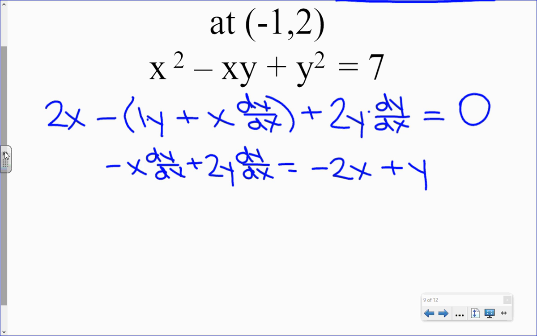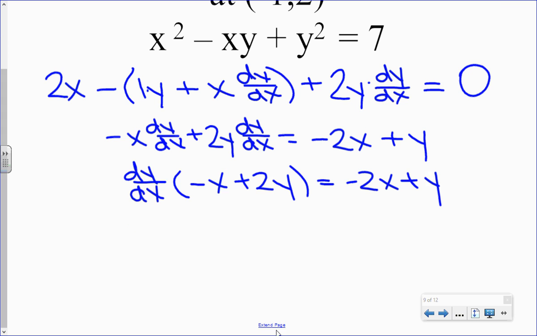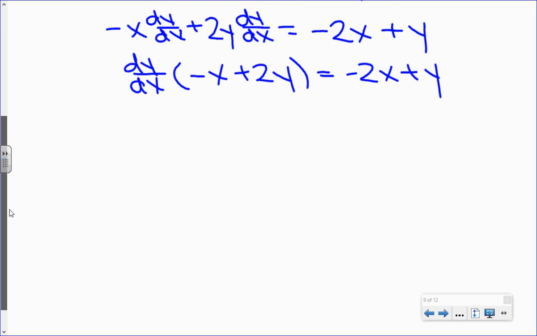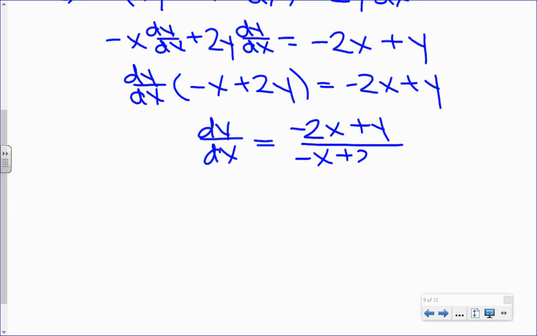These two terms have dy dx, so we can factor it out. Now, we need to divide this over. Our algebra skills are pretty good. I am totally fine with you writing negative 2x plus y divided by negative x plus 2y.